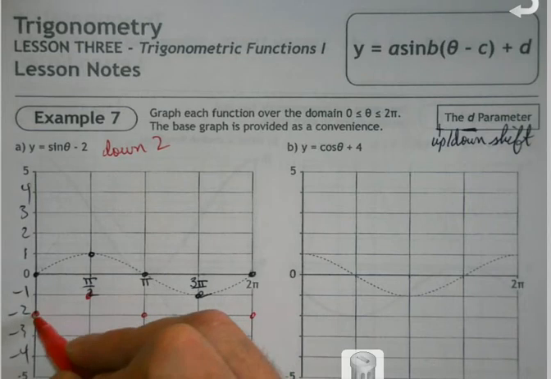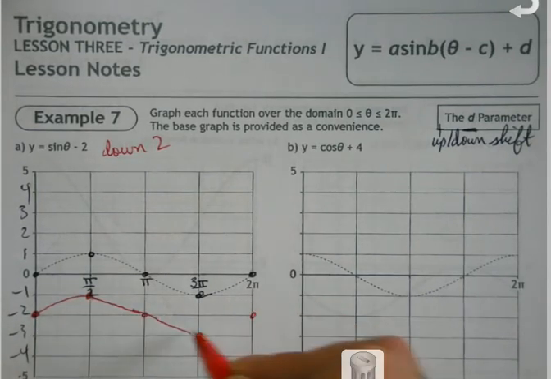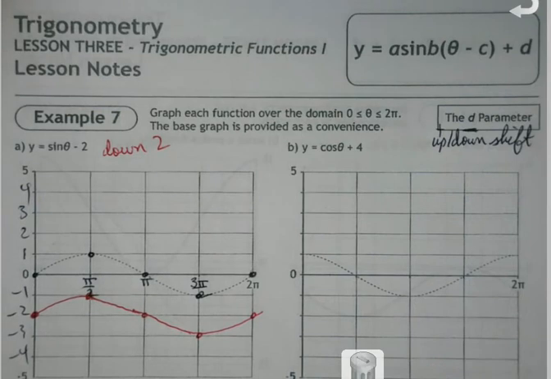So I've got the exact same curve, except now it's just moved down a couple of places. It's like a nice wave that you're riding here. But again, the key, having those base points to just move those off of. Because you don't want to be messing with the calculator and all these decimal values messing around.